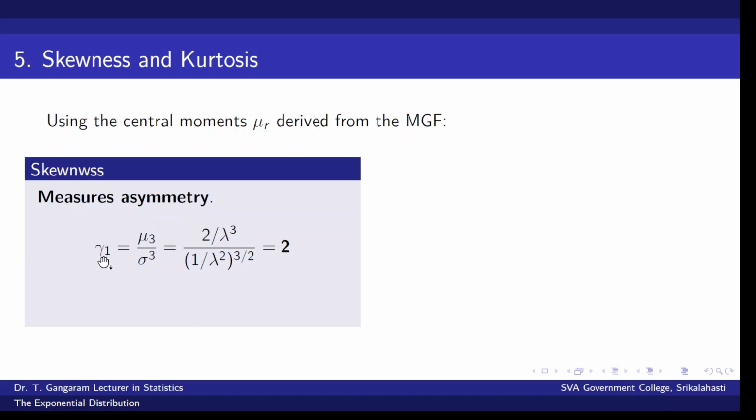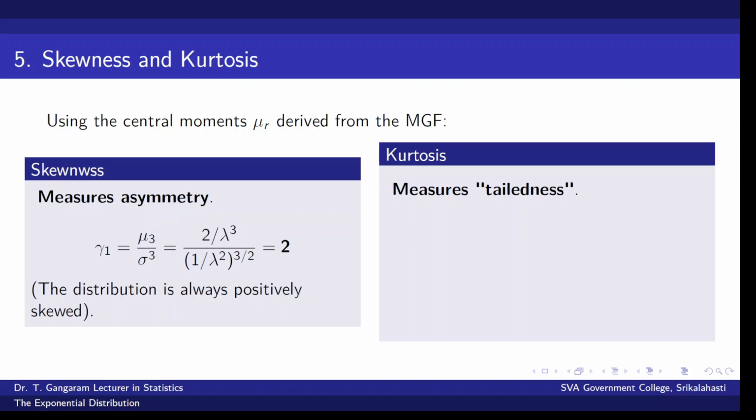Gamma 1 is equal to mu3 by sigma cube. Mu3 is 2 by lambda power 3 divided by 1 by lambda square power 3 by 2. 2 gets cancelled and the lambda cube gets cancelled and 2 remains. So the coefficient of skewness is equal to 2. The distribution is positively skewed.